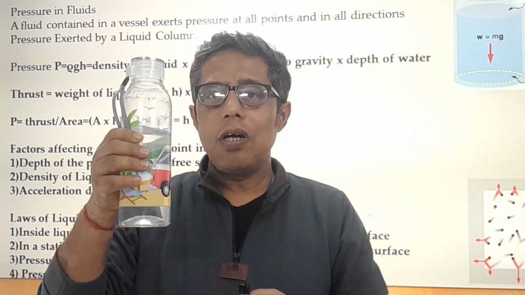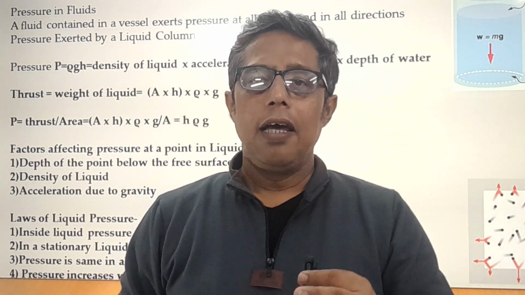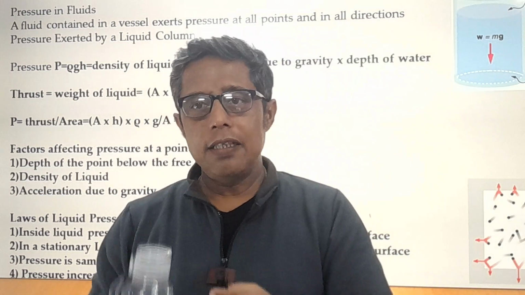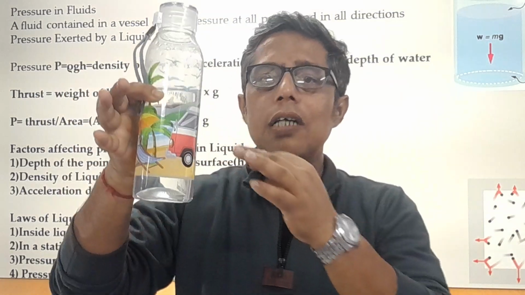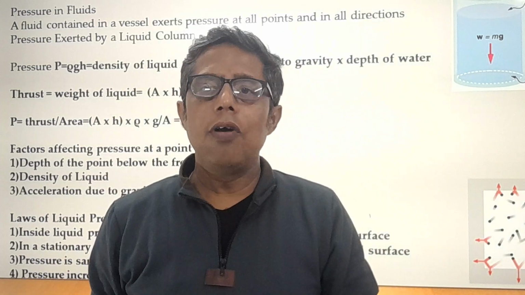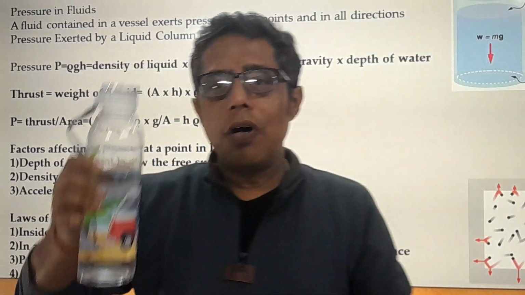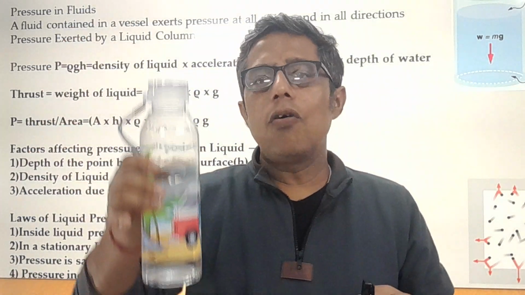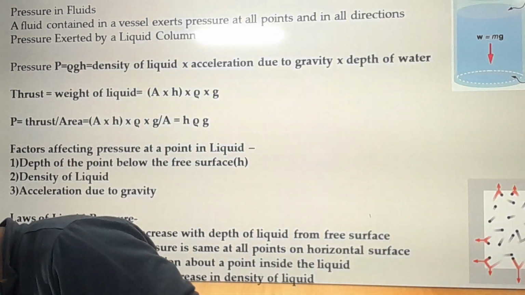That displaced water causes the upthrust force FB, force of buoyancy. FB is equal to V rho G. V is the volume of the displaced liquid, how much of the object is inserted in the liquid, multiplied by rho, the density of the liquid where it is sinking or floating, and G is the acceleration due to gravity, right?